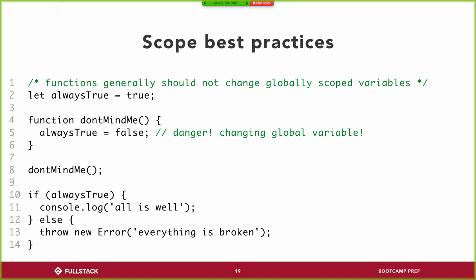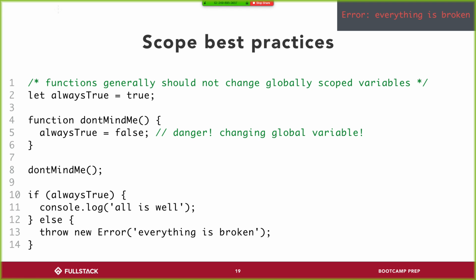We'll log the else, which is throw new error. The reason this is confusing is that, in this case, it's not that confusing to know the global variable was changed. But in the wild, you might encounter something different.